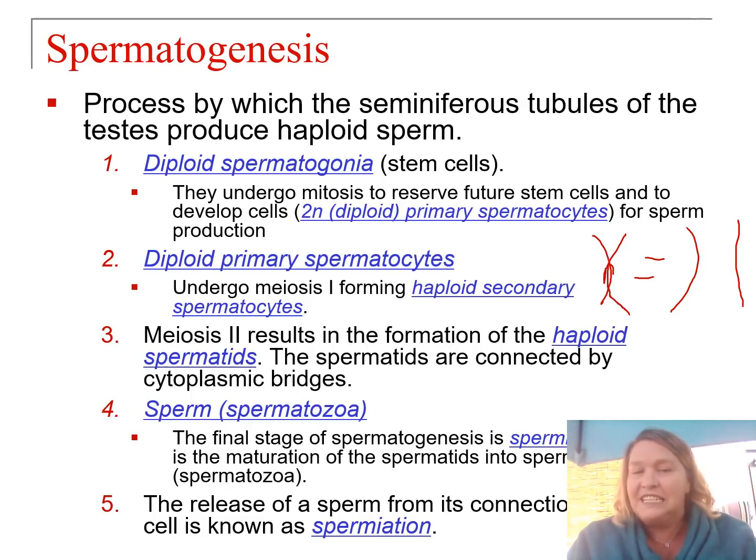But the spermatids are connected to each other. They're not mature yet. Their cytoplasm is all connected together. But once they continue the growth process, they become spermatozoa, and that's the final stage. When the spermatids mature into spermatozoa, we just call it sperm. And once the sperm is released from its connection to the sustentacular or Sertoli cell, that release is called spermiation.